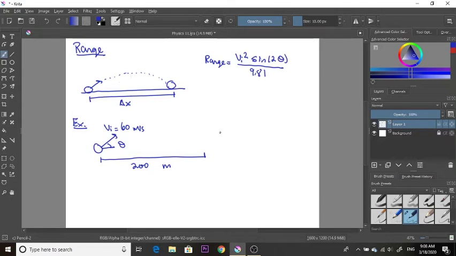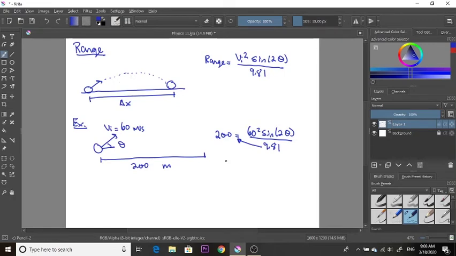And the way that we do that is we would have to isolate for our theta in this formula. So let's put in our numbers. We have 200 meters on this side. Then we have 60 squared sine of 2 times our theta, which we do not know, divided by 9.81. So let's isolate. We're going to take this number, 9.81, bring it over here and multiply it with the 200.